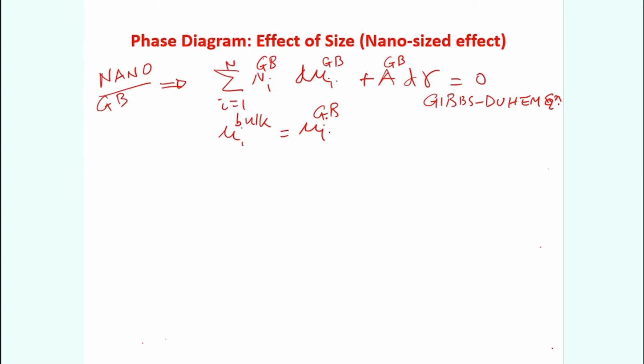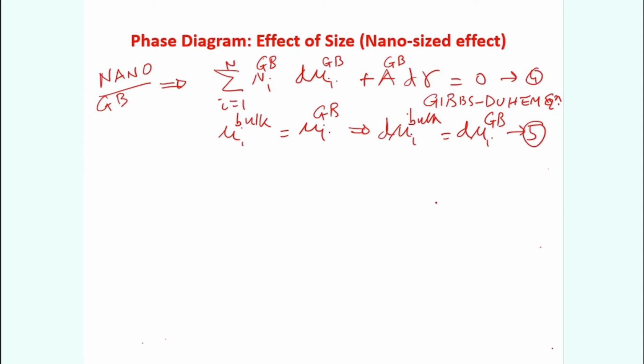Am I right? So, this gives us d mu i bulk is equal to d mu i grain boundary. You can always differentiate, correct. Then I can use this equation, which is maybe 5, in the top equation, or 4, you can do that.